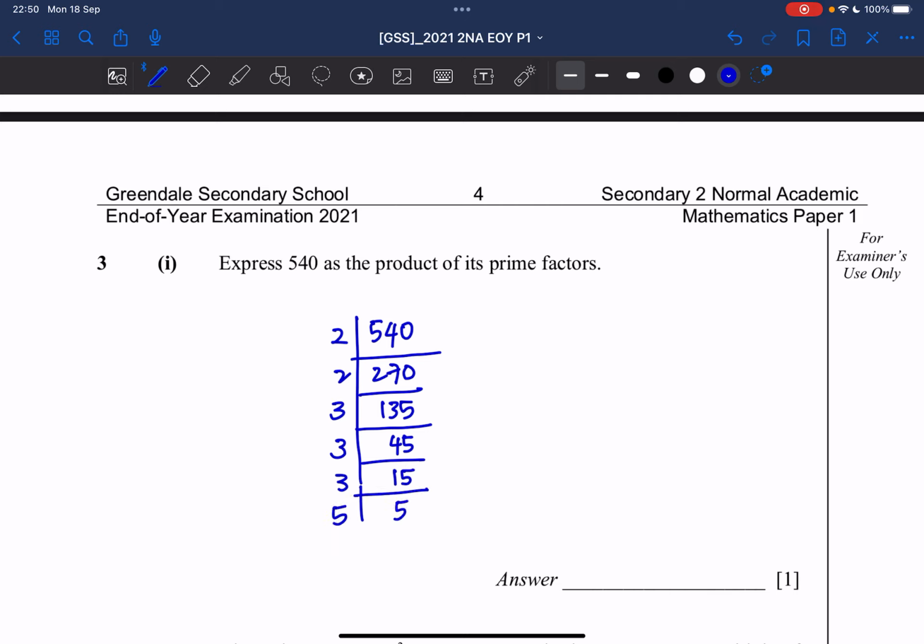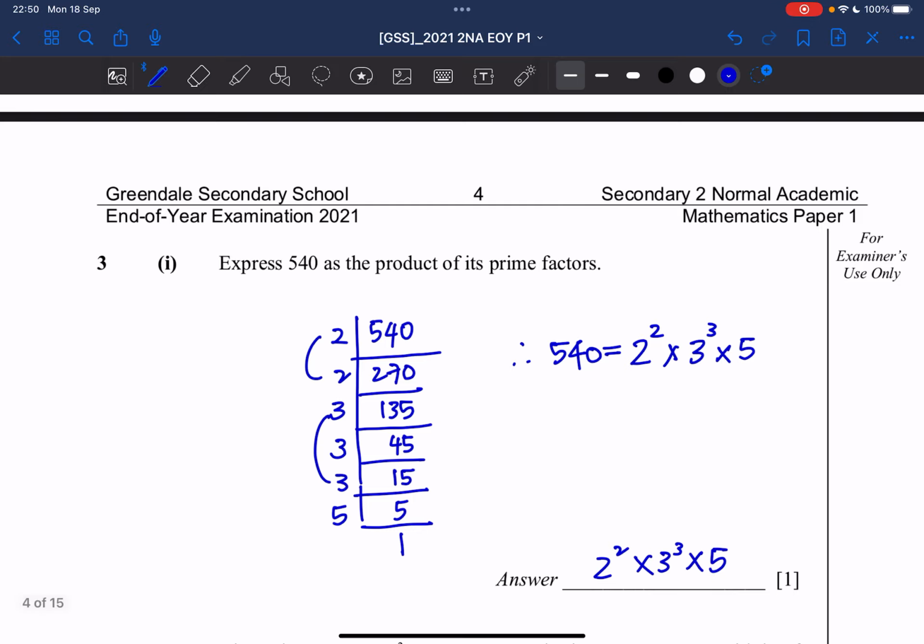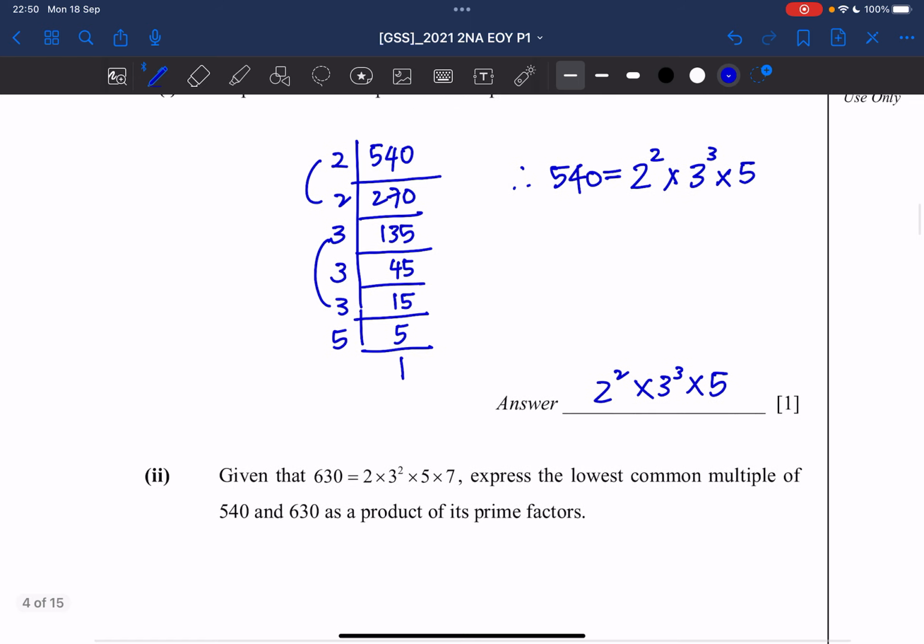So 5 and 1. So therefore 540 is equal to 2 to the power 2, 3 to the power 3, times 5. So we put here 2 squared times 3 cubed times 5. Okay, then we move on to our next part.